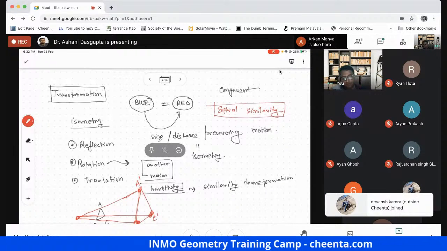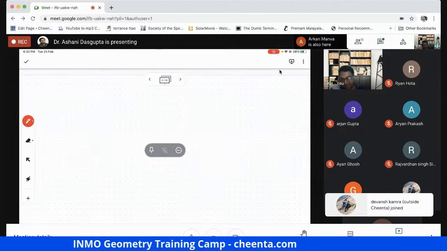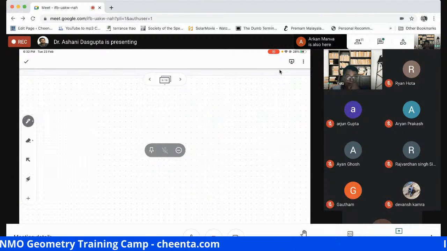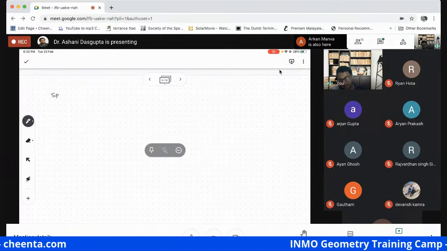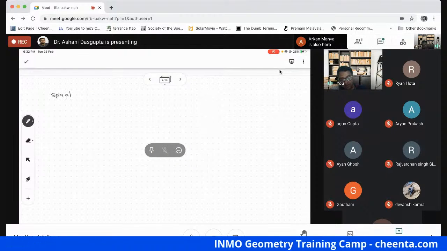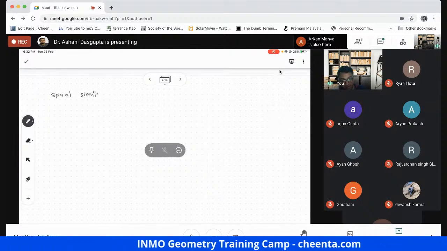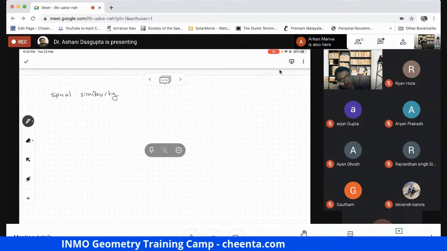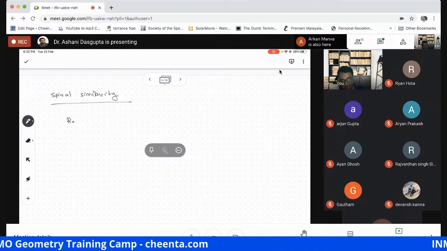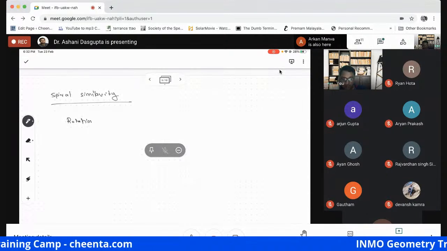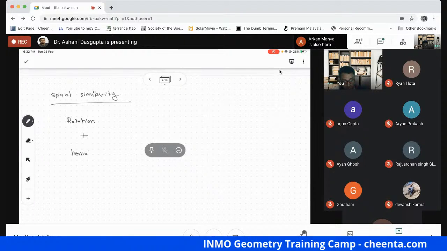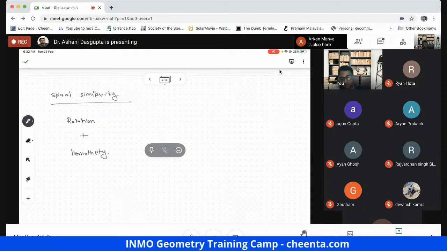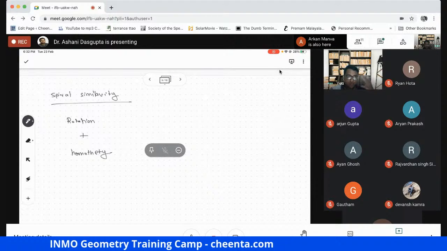Here is what I said in the last 2-3 minutes, so that the person who joined now will understand. I'm speaking about something called spiral similarity. It involves two other things: a rotation and a homothety. So what is rotation?